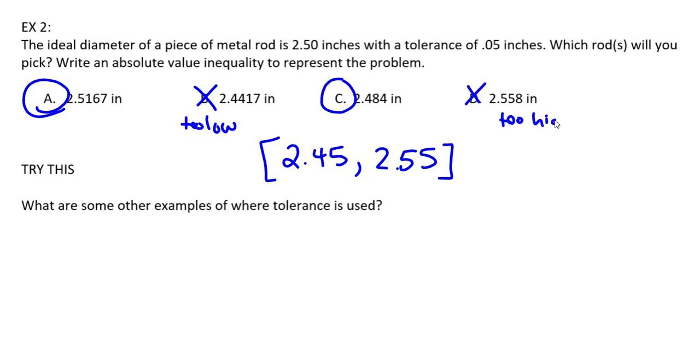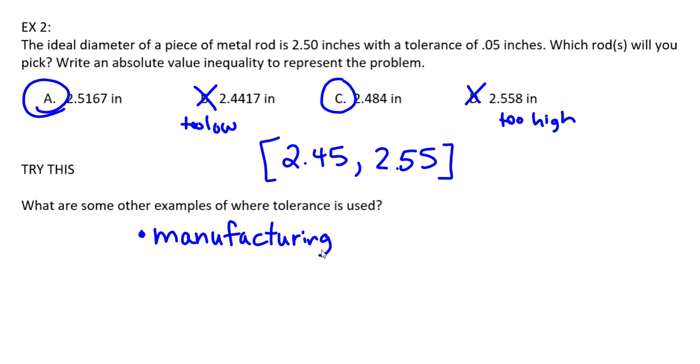So the reason I kind of threw this example in is the manufacturing. If you go into industrial engineering, mechanical engineering, if you work at a factory, parts, anything related to building something, there's always going to be a tolerance. Nothing is perfect, okay? Even when they spit out things on an assembly line, there's always defects.